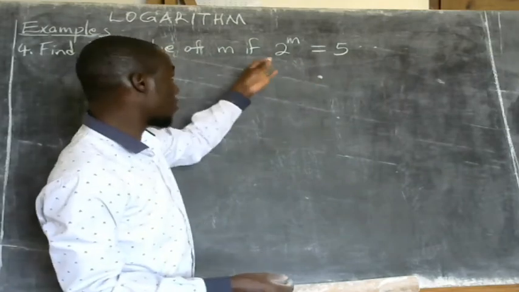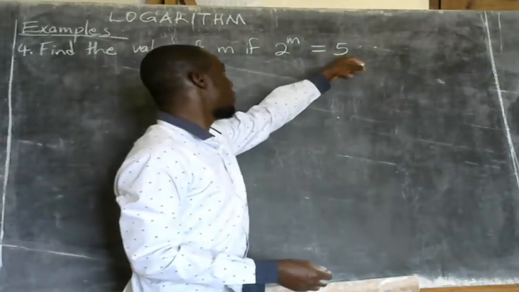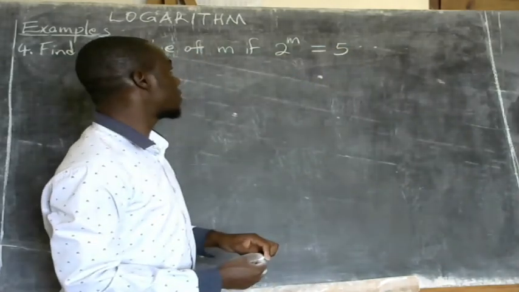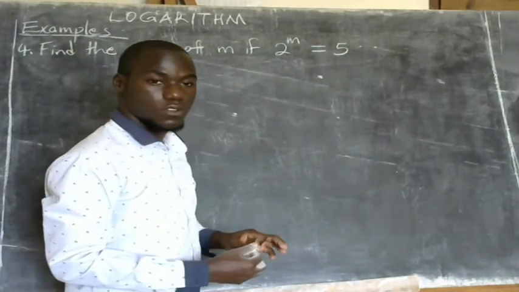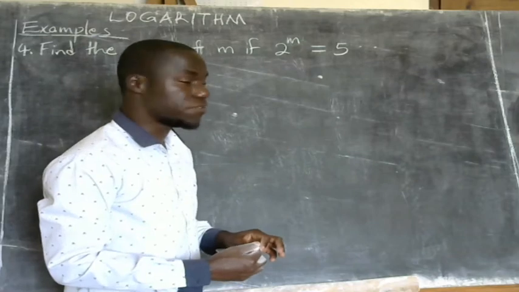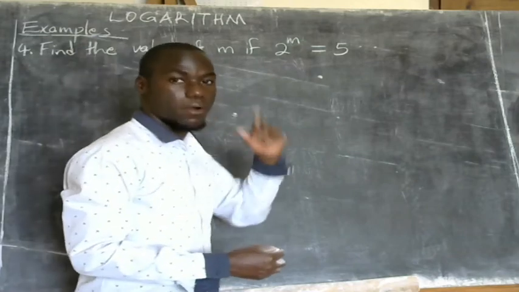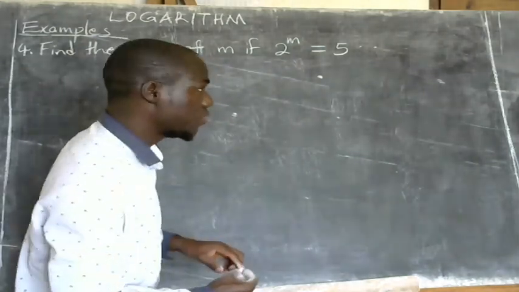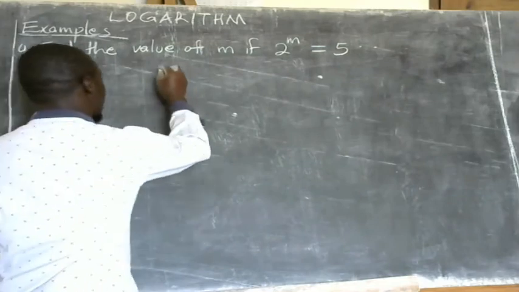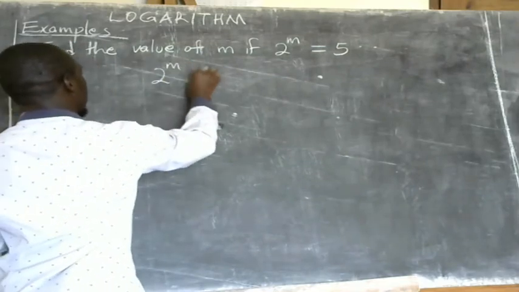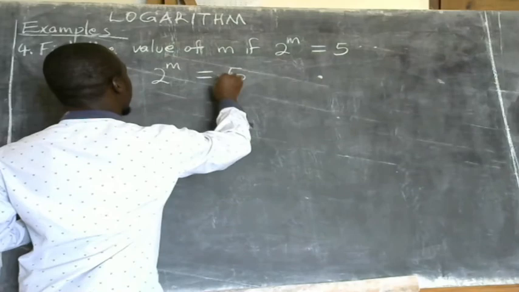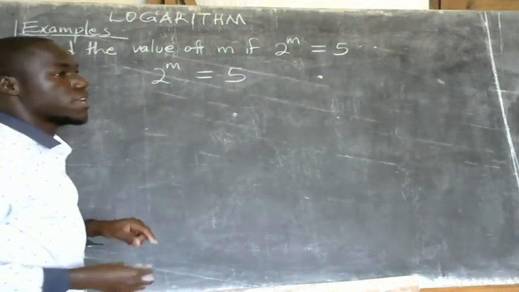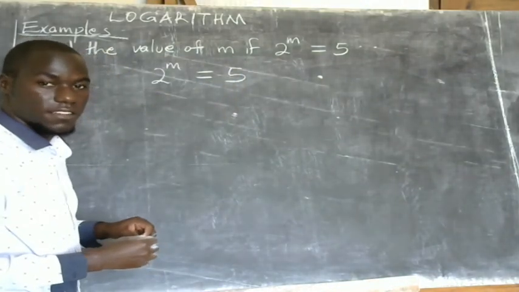Now here you cannot express 5 as a base of 2, or you cannot prime decompose 5 to have 2 to power something. So what we do, we introduce logarithm there. Why introduce logarithm? We are aiming at moving the power up there. We bring it in the numerator.